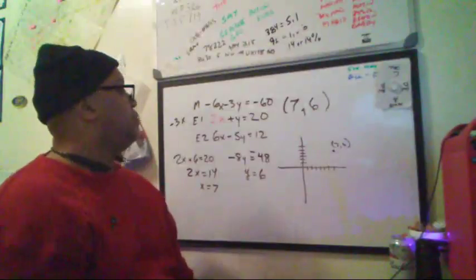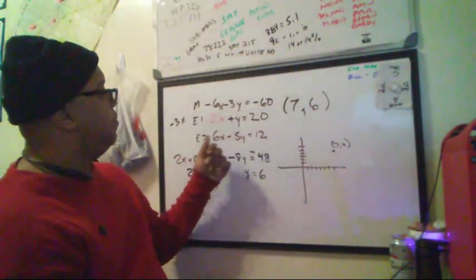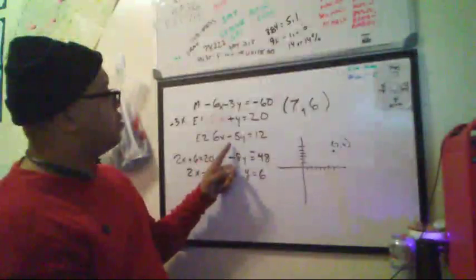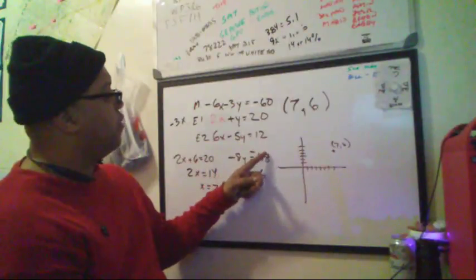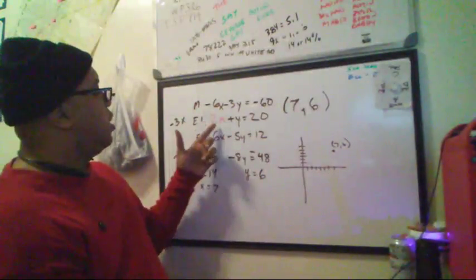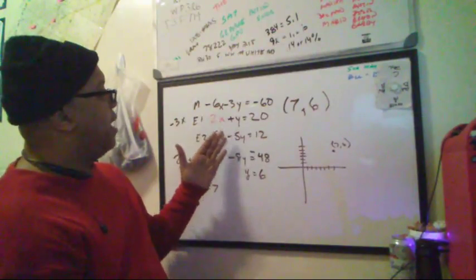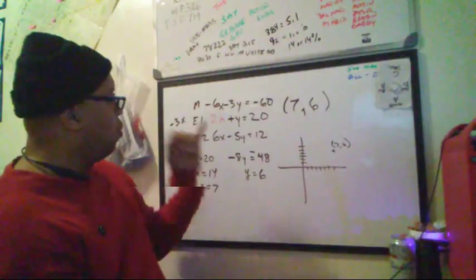All right. So to recap, our initial equations were equation 1, 2x plus y equals 20. Equation 2 was 6x minus 5y equals 12. I wanted to manipulate equation 1 so that it would counterbalance one of these numbers.